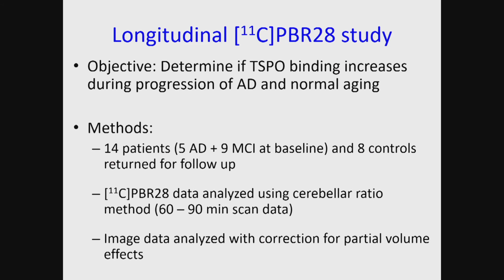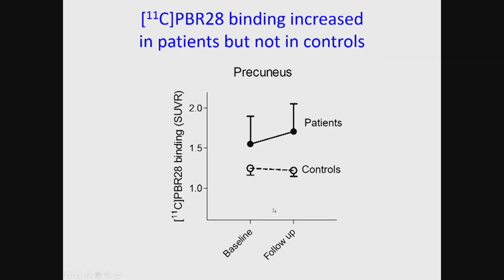We also followed this up with a longitudinal study in some of these individuals to determine if the TSPO binding increased during the progression of Alzheimer's disease, and also compared it to normal aging. Subjects were scanned again 2 to 4 years after the initial scan.